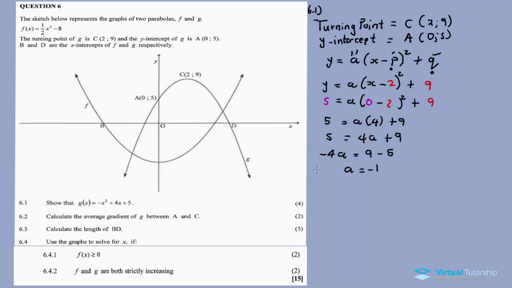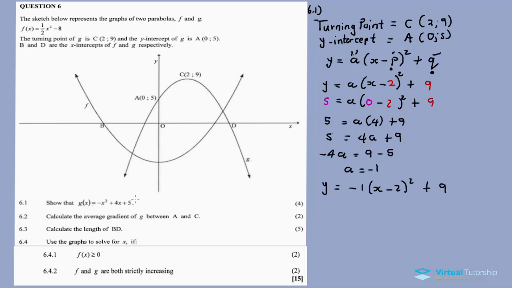So therefore my equation is y equals, where there's a I put -1, and x minus p, which I already have as 2, squared plus q, which is 9.